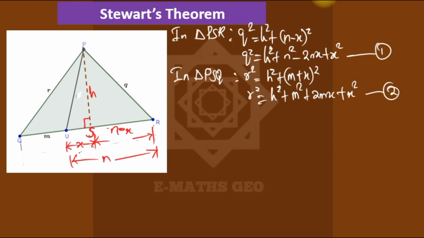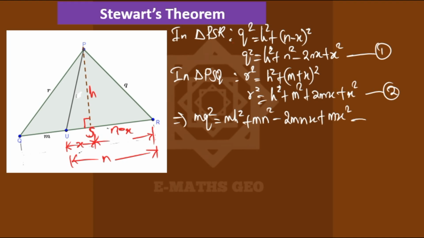Looking at the first equation, we see minus 2NX, and we see plus 2MX in the second, so we can't eliminate directly. So let's multiply equation 1 by M and equation 2 by N. Multiplying the first by M, I have MQ squared equals MH squared plus MN squared minus 2MNX plus MX squared.